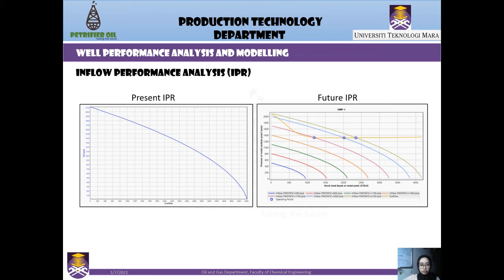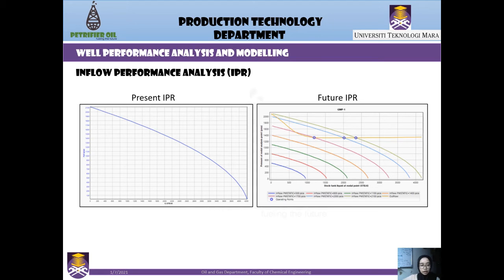One of the considerations in deciding the size is to have maximum production throughout the field life. In order to decide the optimum size, we did several sensitivity analyses, which are reservoir pressure depletion, water cut, gas oil ratio, and wellhead pressure. The produced oil rate expected from the tubing needs to achieve the expected oil rate that we have decided before, which is 1,800 barrels per day.